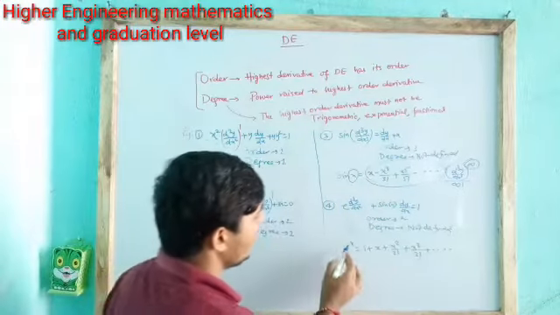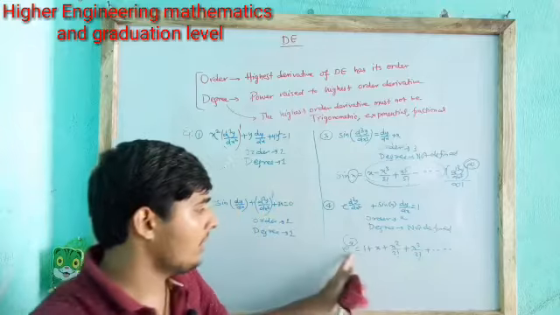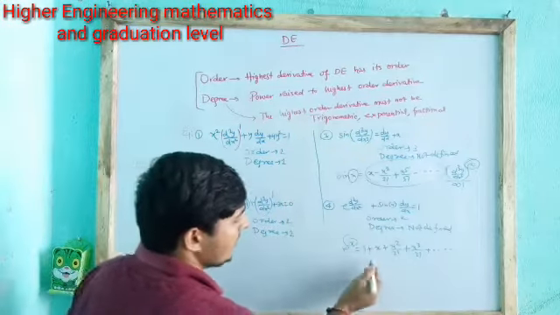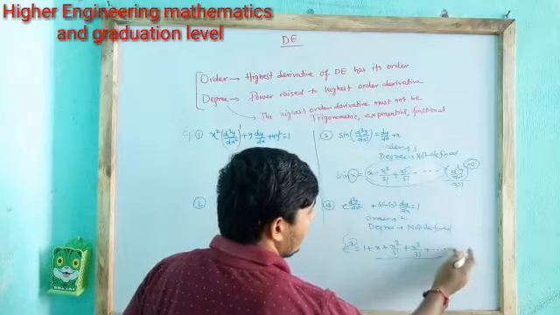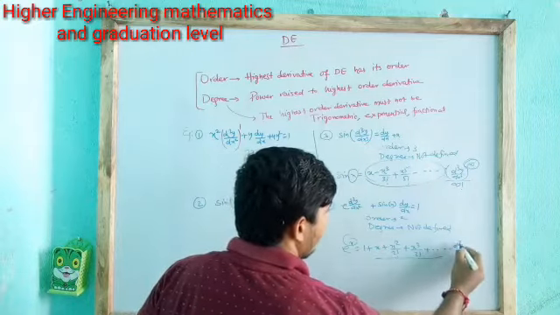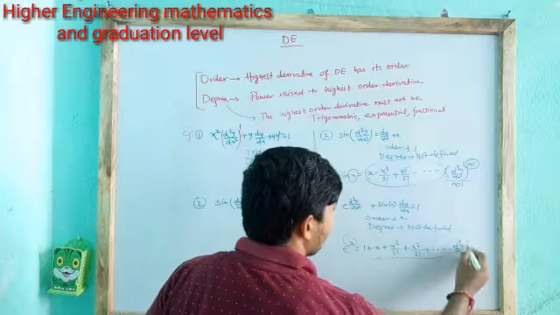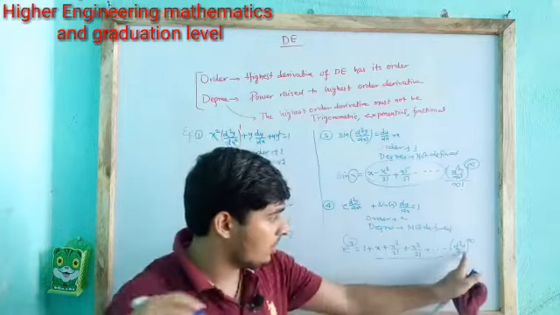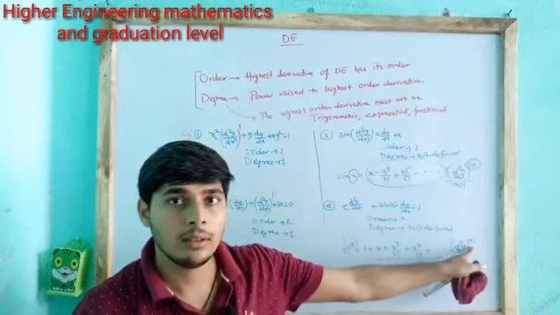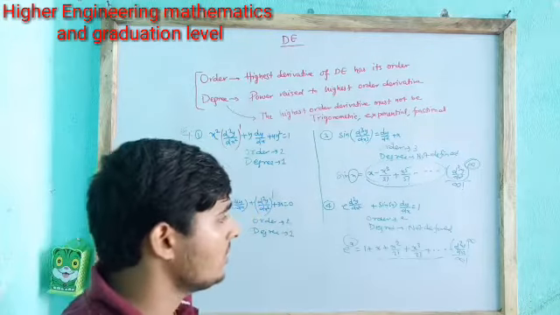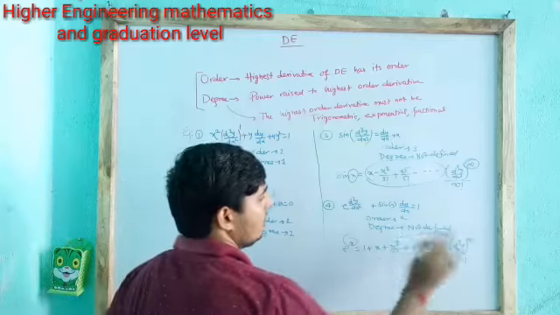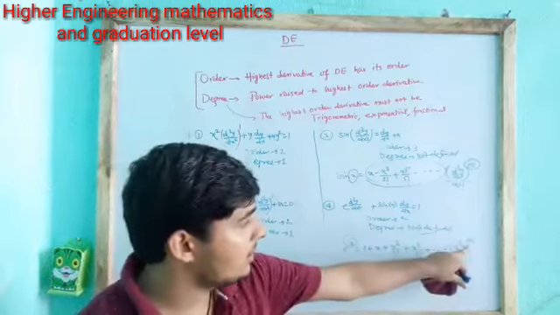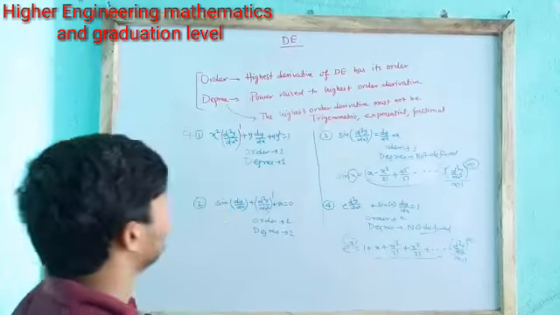Here when we write d2y by dx square, its expansion goes like this, and certainly up to infinity we can say that d2y by dx square will become to the power infinity by infinity factorial. So its power is raised to infinity, which is not defined, so its degree is not defined. It is a polynomial function, but its power is raised to infinity, so it will not be defined.